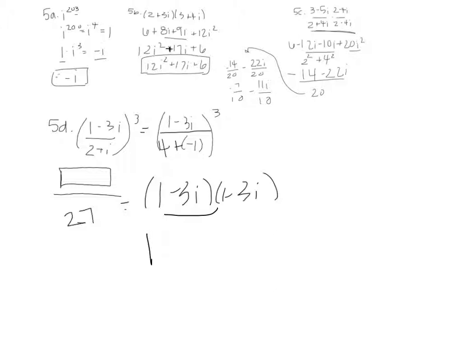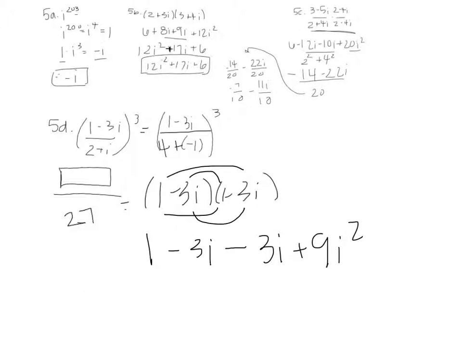And then we do our outer term, and we get negative 3i. Then you do your inside term, you get negative 3i. And you do your last term, negative 3i times negative 3i, which is a positive 9i squared. So from here, this is going to turn into a negative 9. You're going to have 1 minus 6i minus 9.